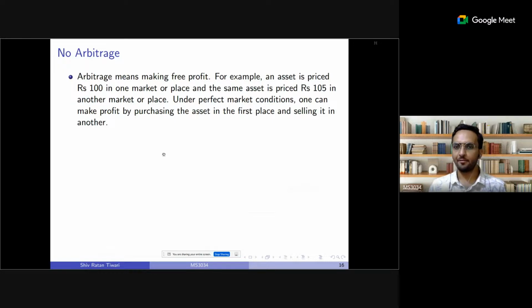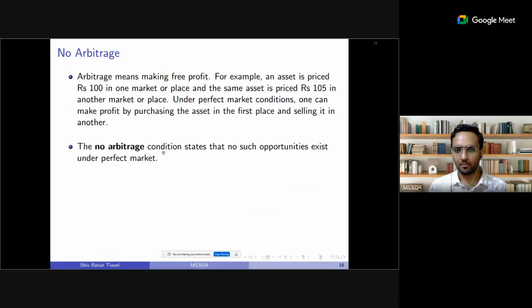Markets being perfect is the assumption of the asset market. Under perfect market conditions, one could make a profit by purchasing the asset where the price is lower and selling it where the price is higher. So the no arbitrage condition states that no such opportunity exists under perfect market conditions.